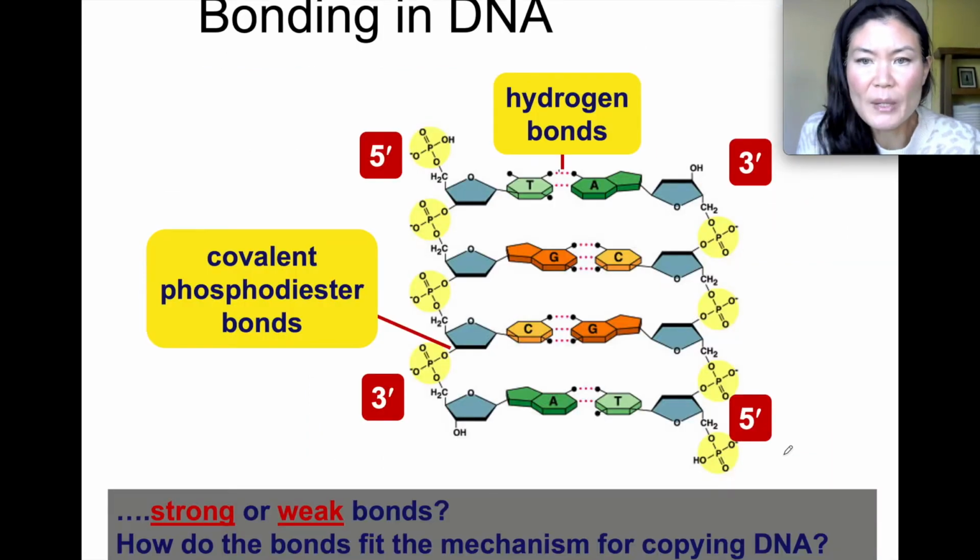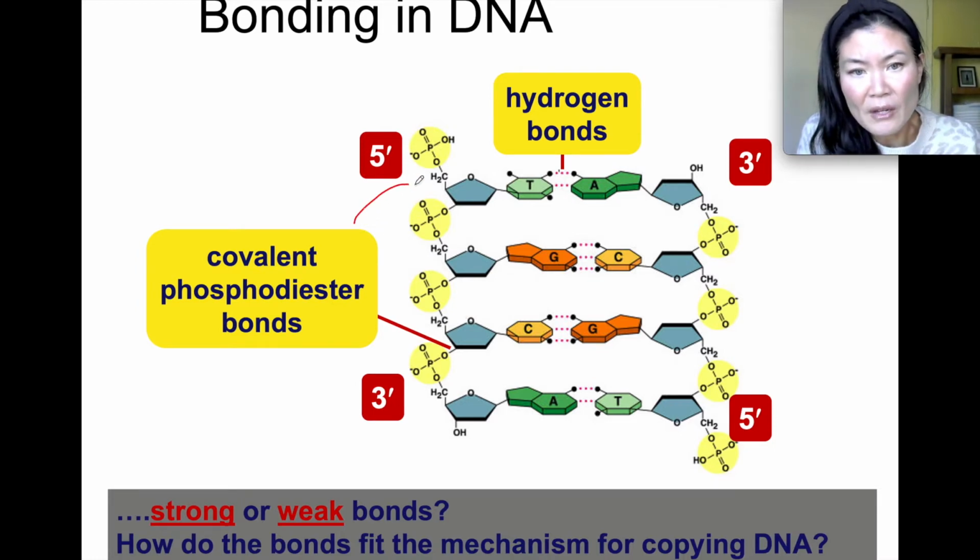And so let's talk about the bonds that are holding that DNA molecule together. The bonds between the phosphate groups and the carbon are very strong bonds called covalent bonds. Remember, with covalent bonds, they're sharing electrons, and when they're sharing electrons, the energy levels are overlapping, and so they would be very strong bonds.